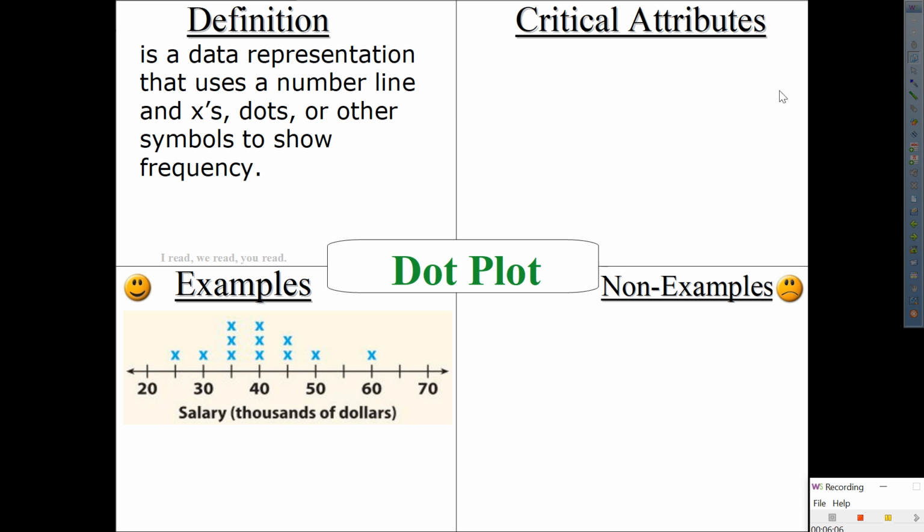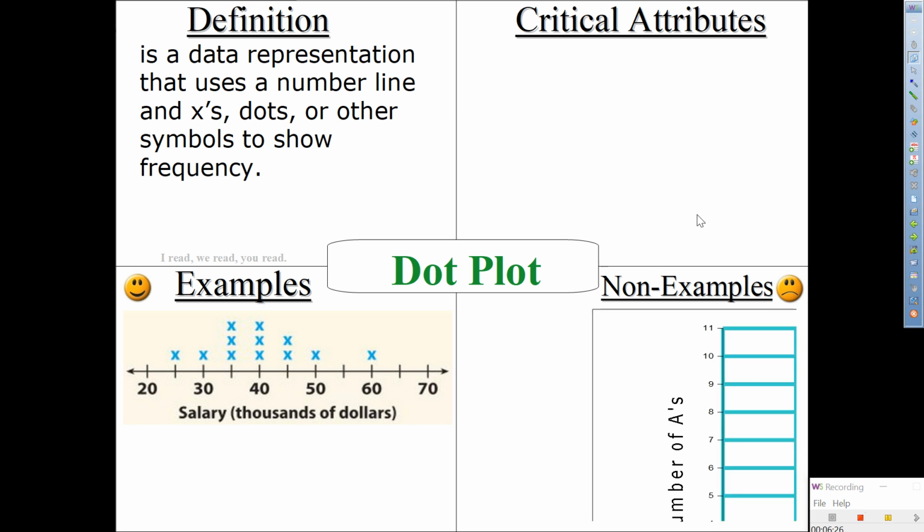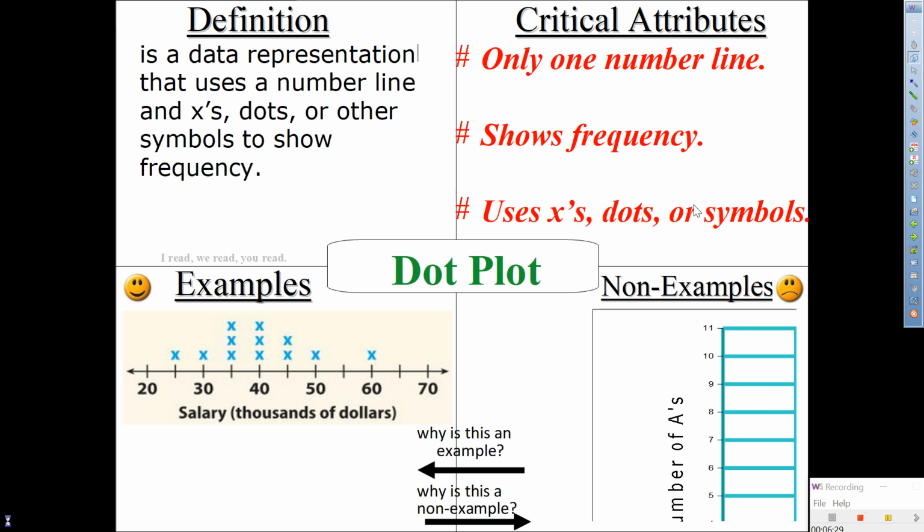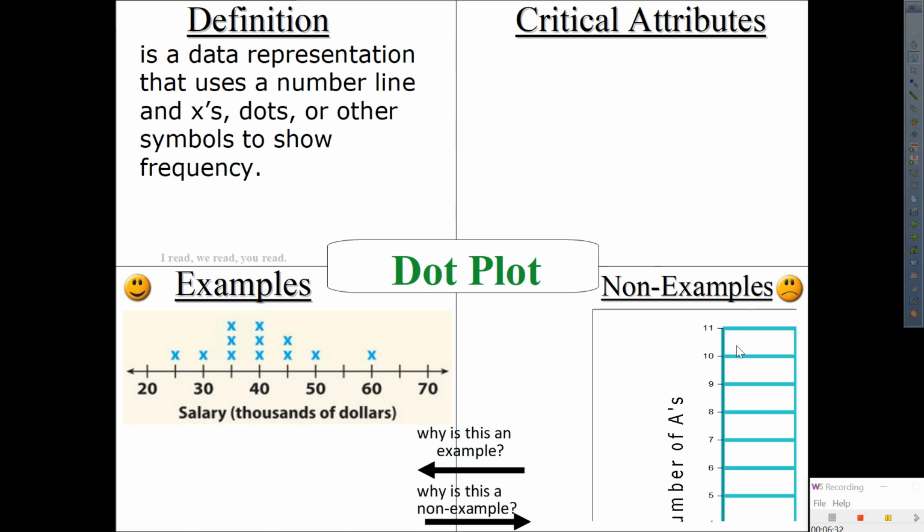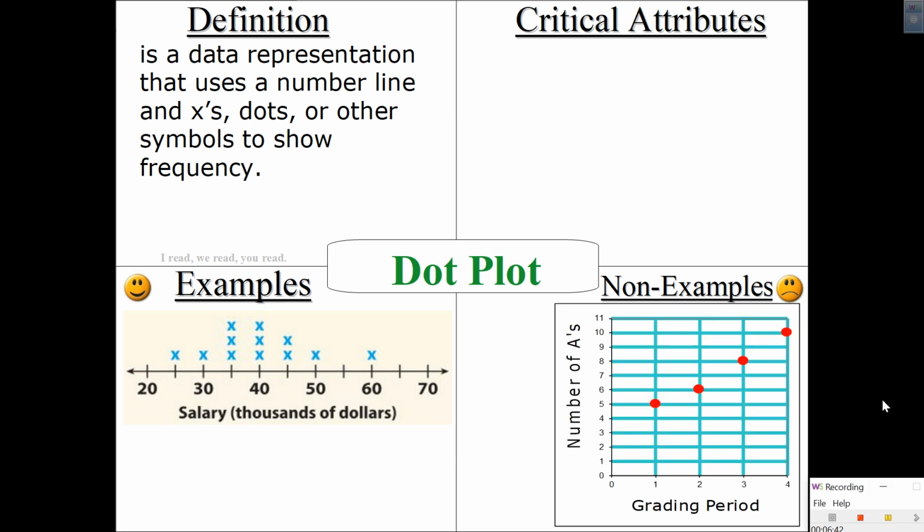Let me show you a non-example. Write that non-example down and tell me why that one's not a dot plot.